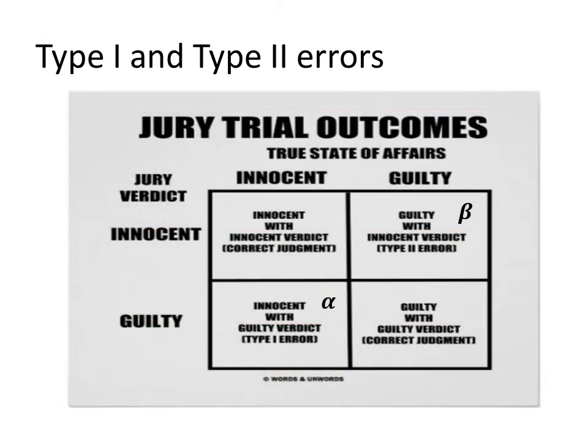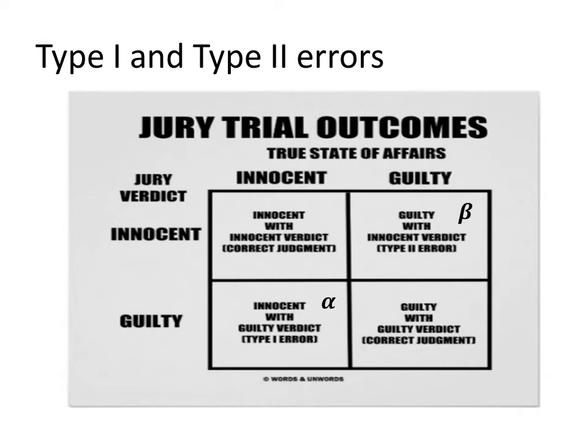I like to think of this analogy dealing with what could happen in a trial. So suppose that someone is on trial for a crime. Now, in reality, that person can either be innocent or they can be guilty.